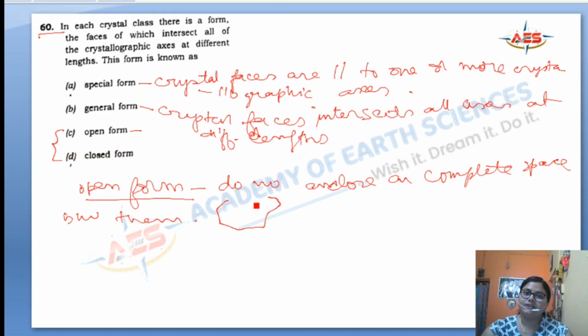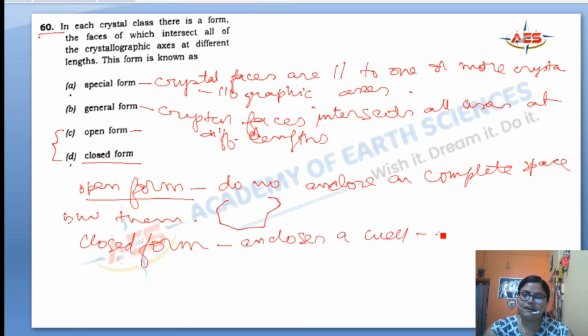Okay, in the case of a closed form, the crystal faces enclose a well defined space between them. And here also the crystal faces do not intersect all the crystallographic axes.